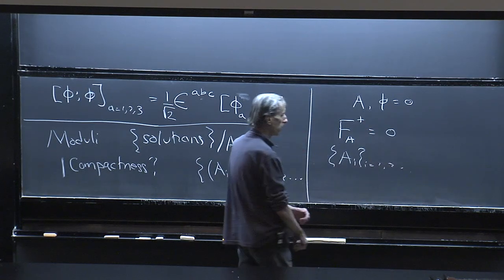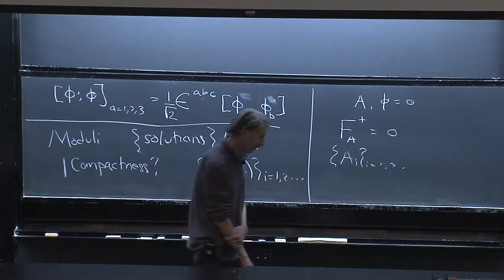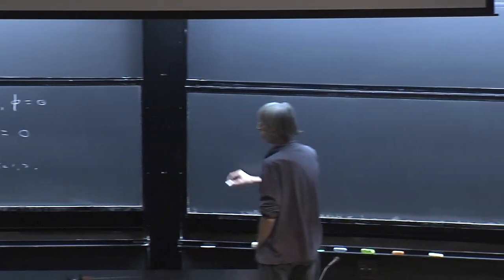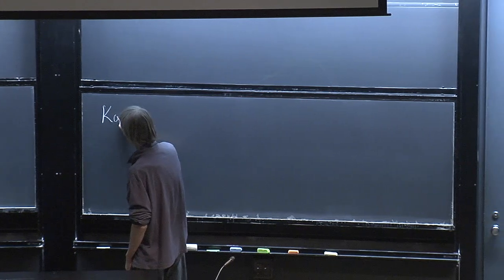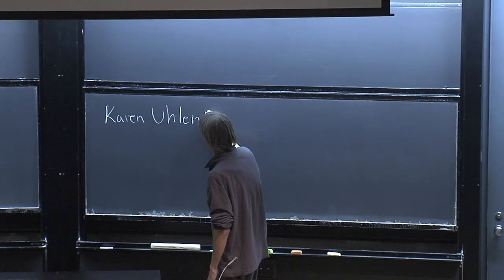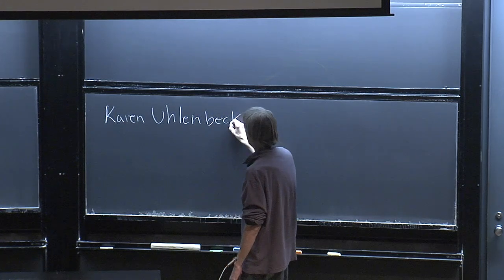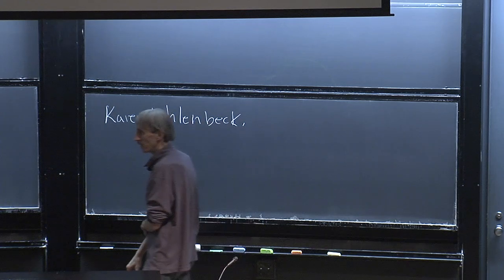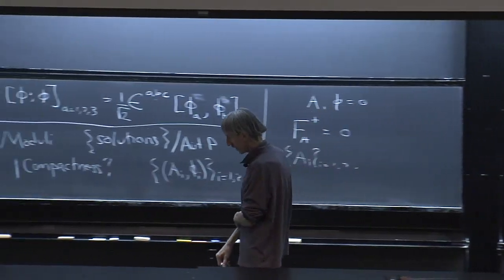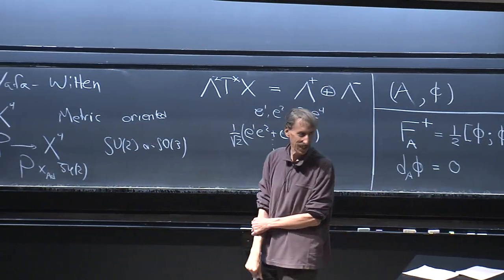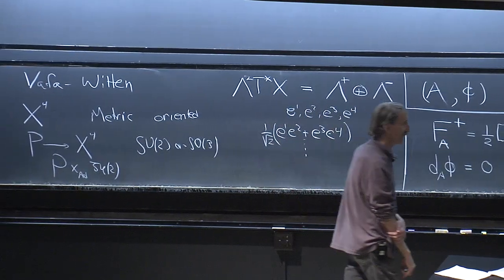And the answer was obtained actually prior to Simon Donaldson's work by Karen Uhlenbeck's famous theorems. So Karen is, in some sense, the ultimate source of all the analysis in gauge theory.